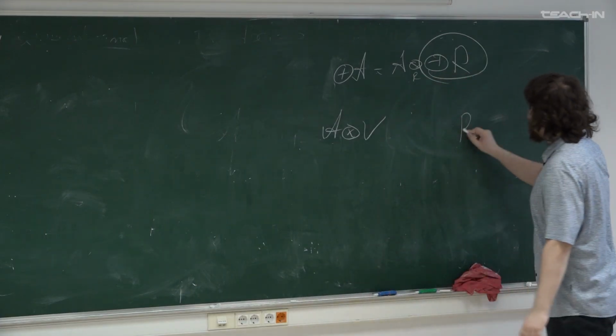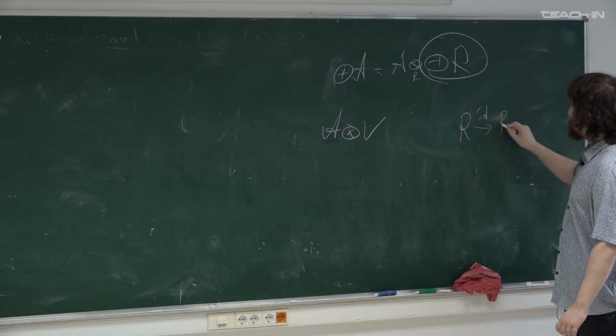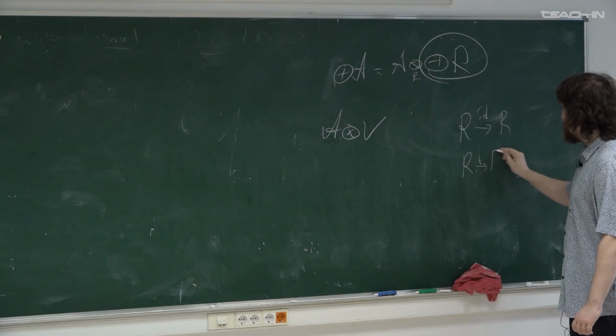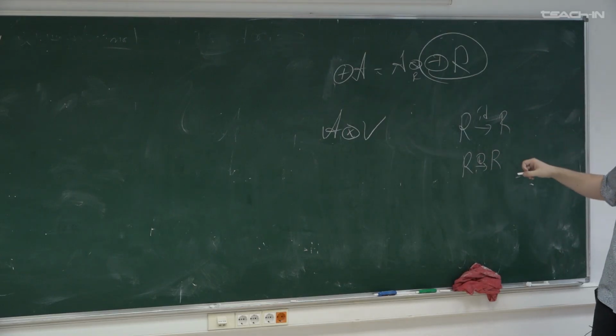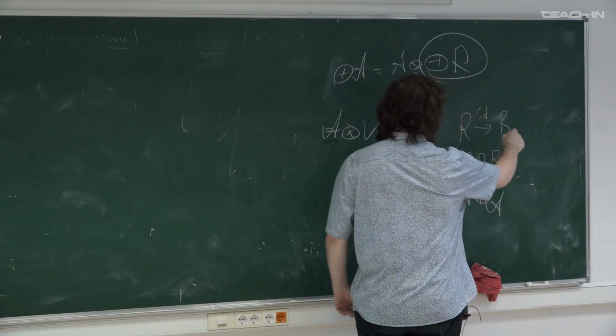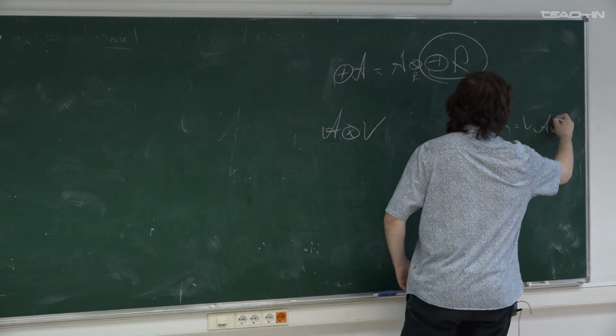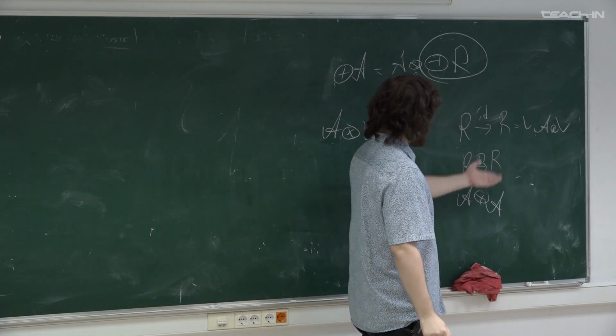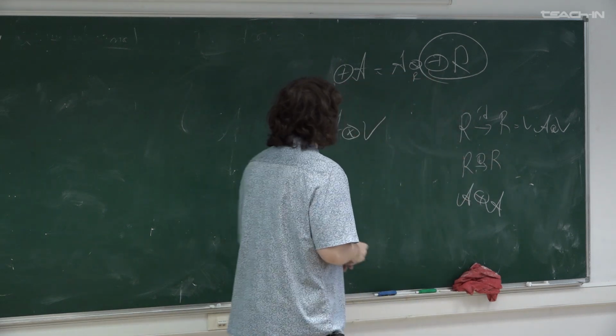For example, this differential is identity, or this is 0. What if I tensor with A? Here I obtain A plus A, which is free. Here I obtain A tensor V, and you can check that the differentials here are different.